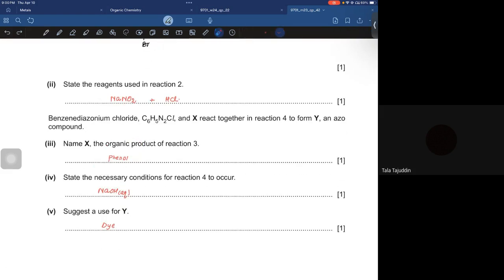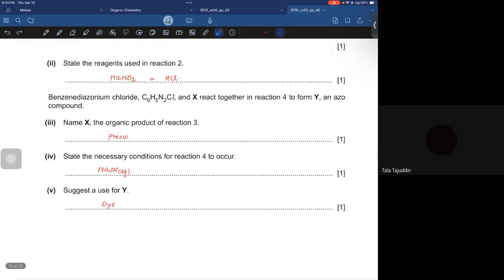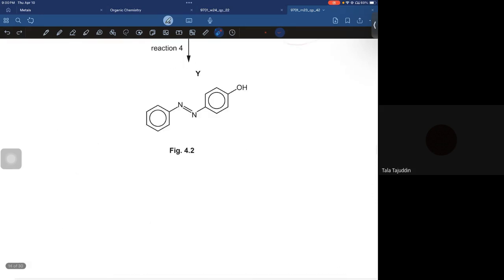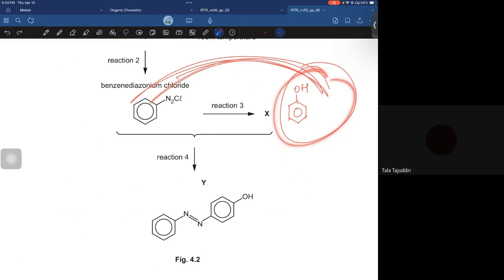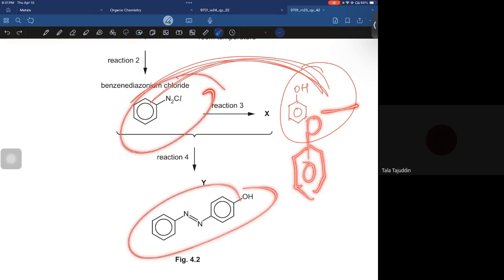Then state the necessary conditions for reaction 4 to occur. Of course, sodium hydroxide, because we have to add sodium hydroxide in it. You know why? Phenol has acidic nature. It would be forming this compound. Then it would be reacting with this to form this compound. Okay.